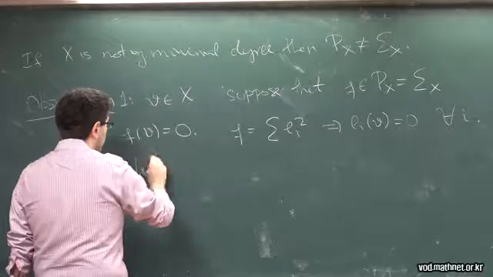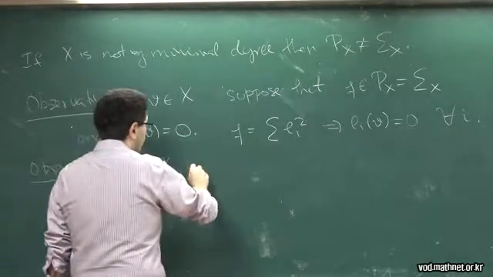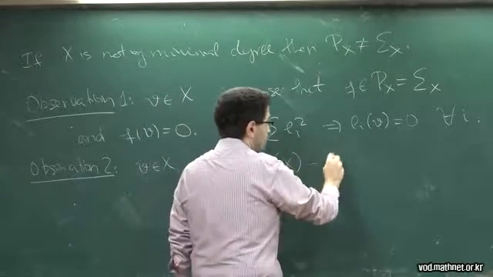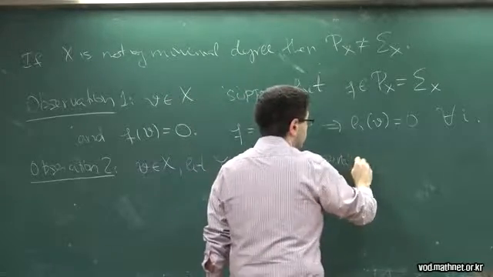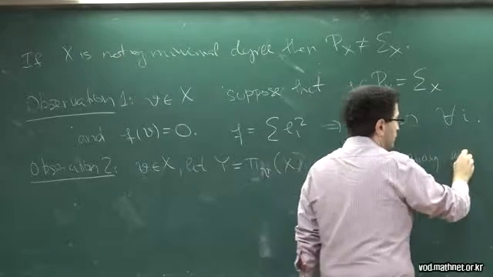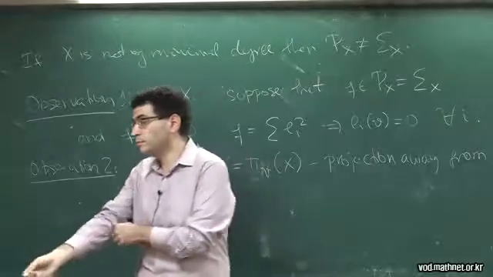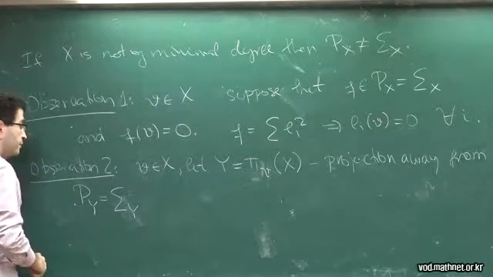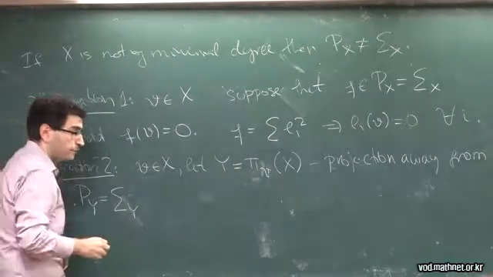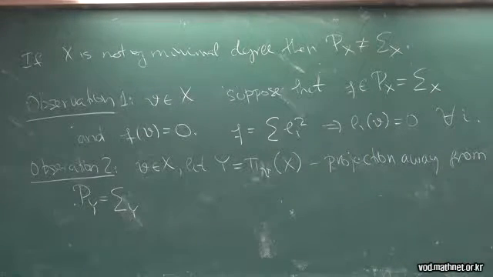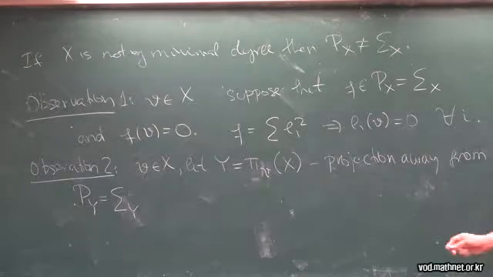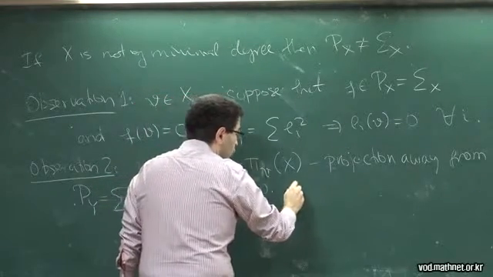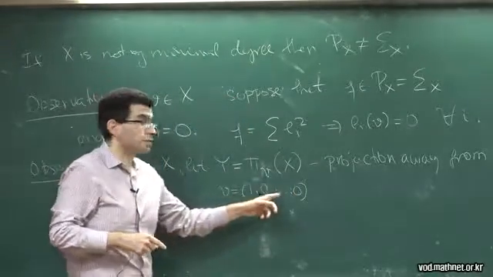So now, observation 2. Again we take point V in X, and let Y be the projection away from V of X. This is projection away from V. So I claim that P sub Y is still equal to sigma sub Y. If you want to make it easier on yourselves, maybe you can coordinatize things in such a way that V is the point 1, 0, 0, 0, 0, 0, 0, 0.